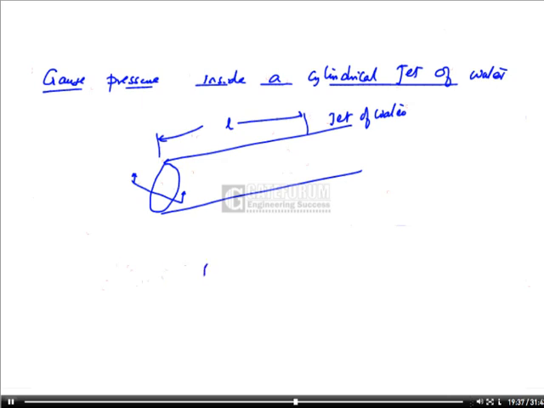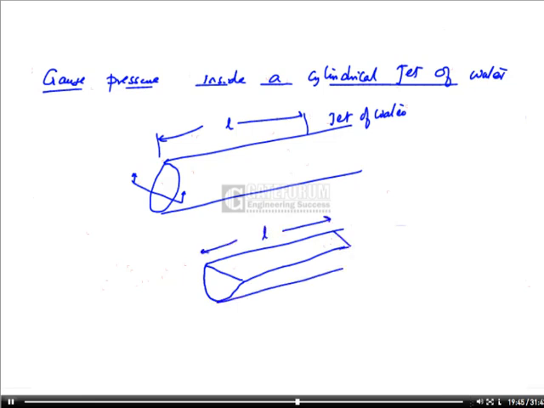For equilibrium, I draw the figure. If L is the length of the water jet, the inside pressure is P gauge inside the jet of water.